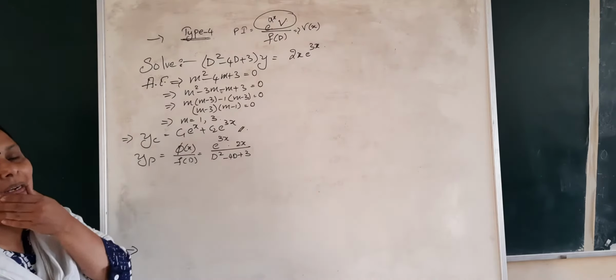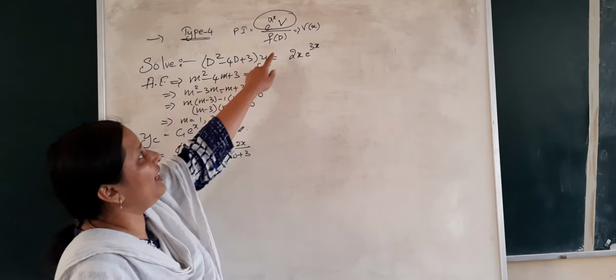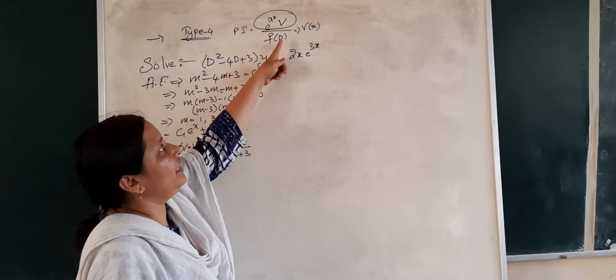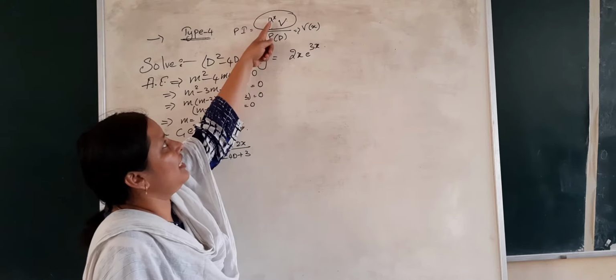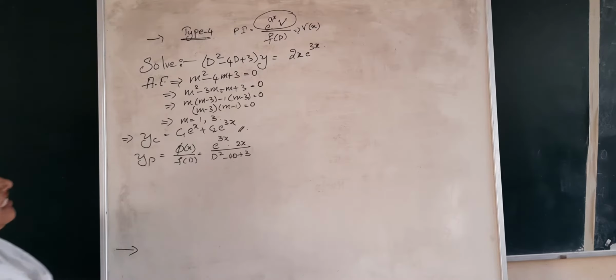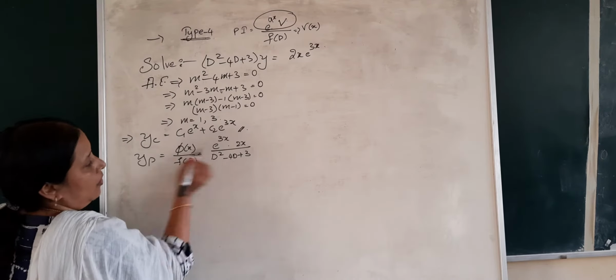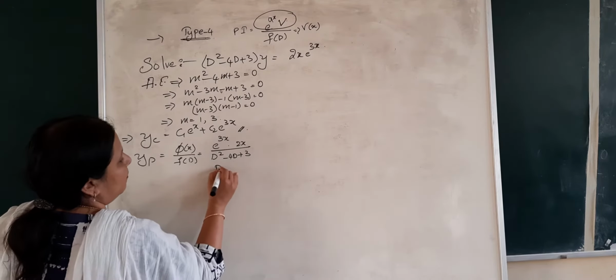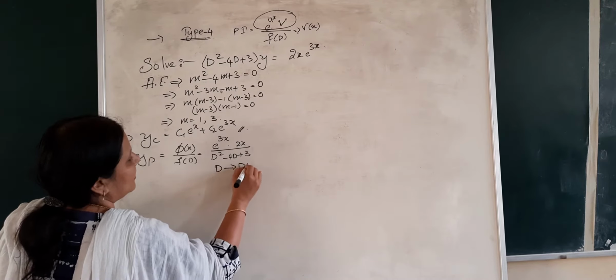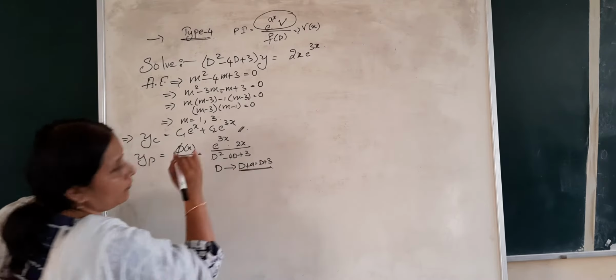First step here, we are going to apply type 4. That is, we have to replace D by D plus a. What is a here? a is the coefficient of x in the exponential term, and here it is 3. Alright. So we are going to replace D by D plus a, that is D plus 3. Okay.